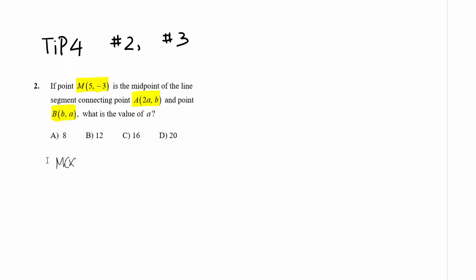The midpoint x and y: the x coordinate is x1 plus x2 over 2, and the y coordinate is y1 plus y2 over 2. That is the midpoint. A and B are the endpoints. So x1 is 2a plus x2 is b, divided by 2, that is 5.